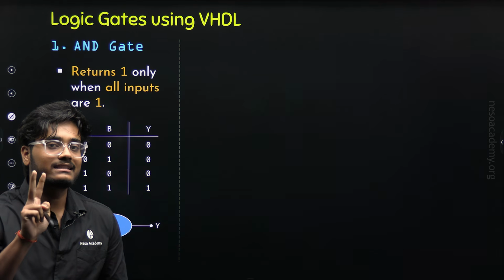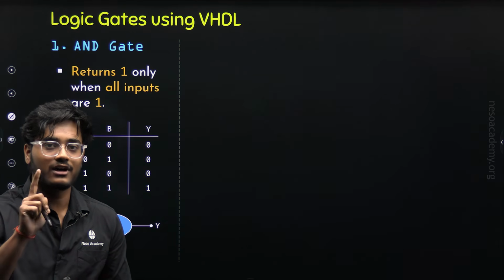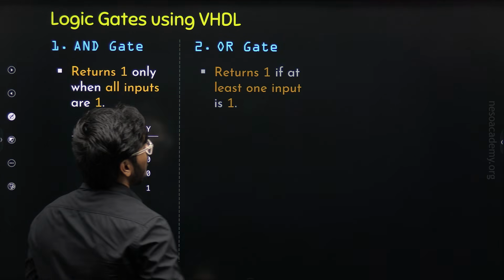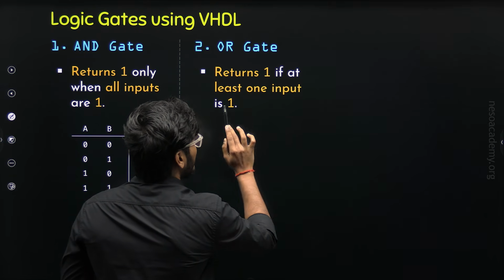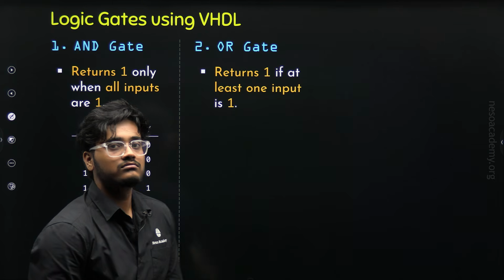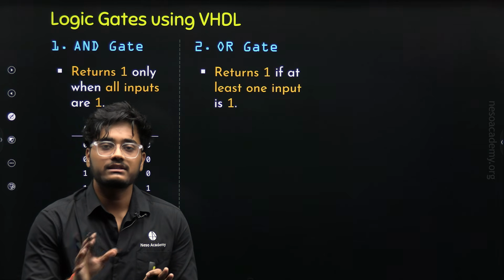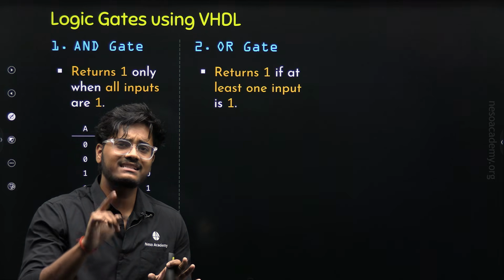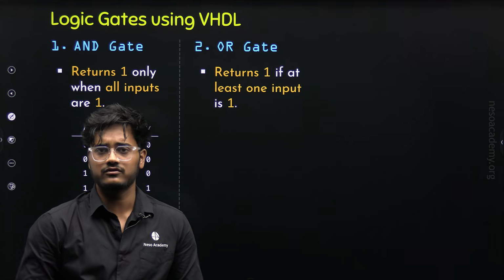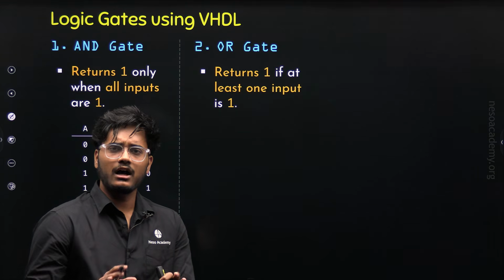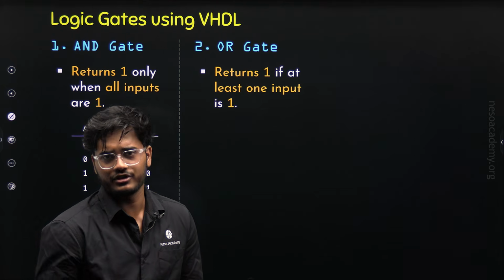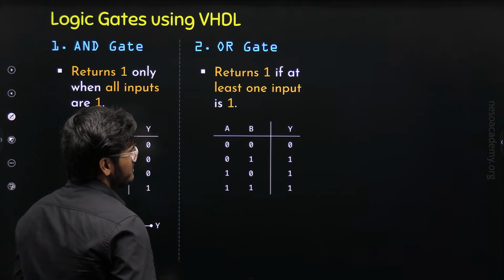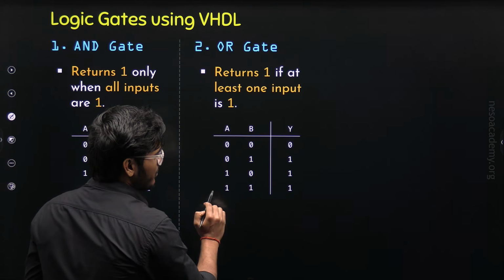Now let's see the second basic logic gate, OR gate. OR gate returns 1 when at least one input is 1. So, in an OR gate, the output is 1 when any single input is active or 1. Now, let's understand this using the 2-input OR gate's truth table. Here we can see we have 4 input combinations.